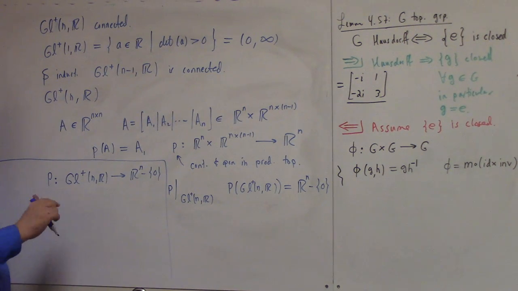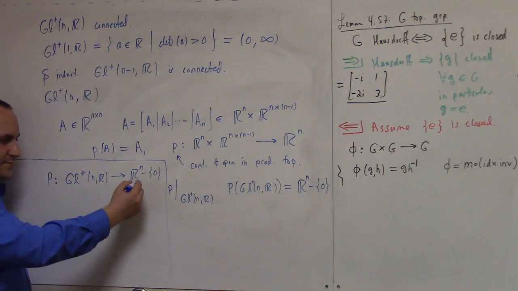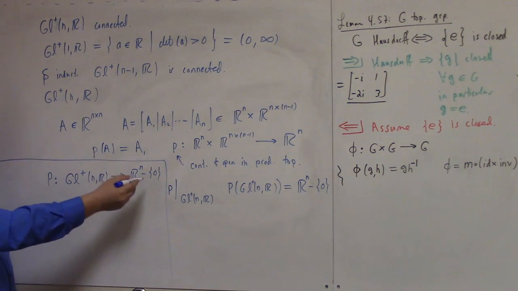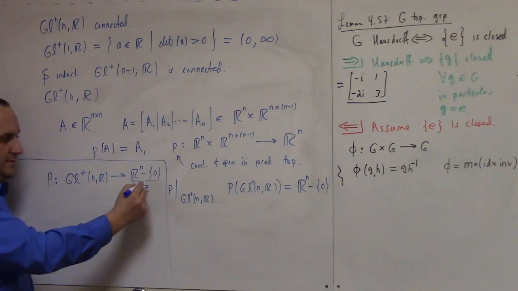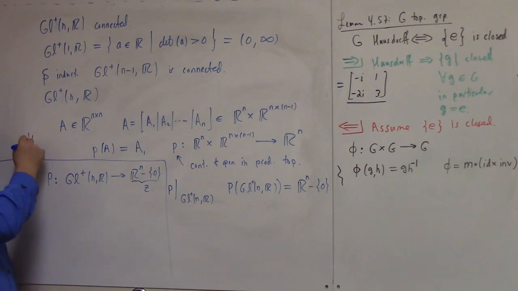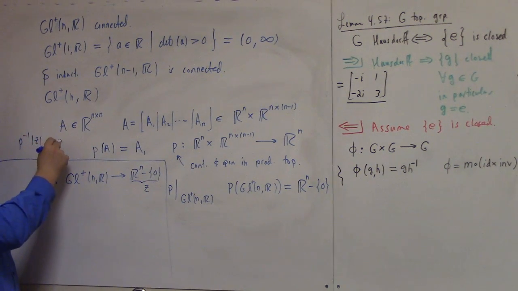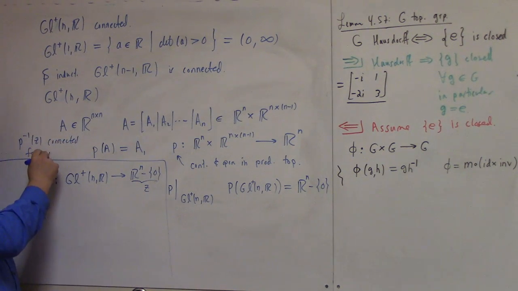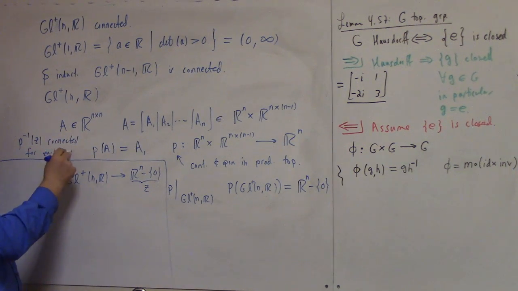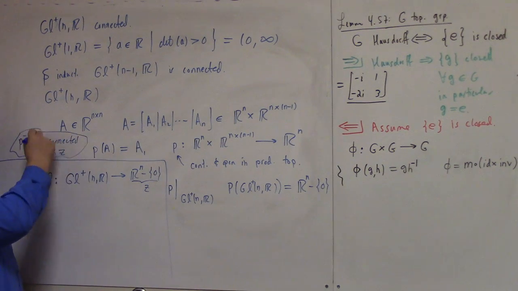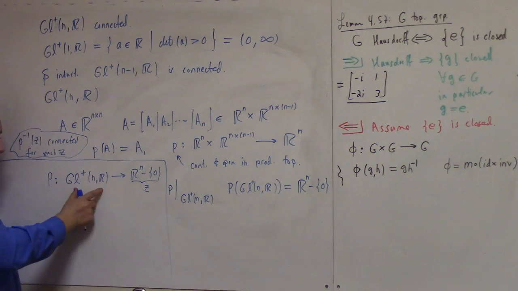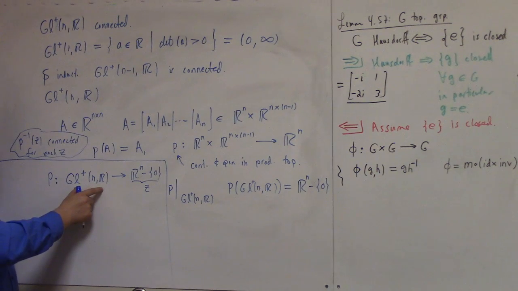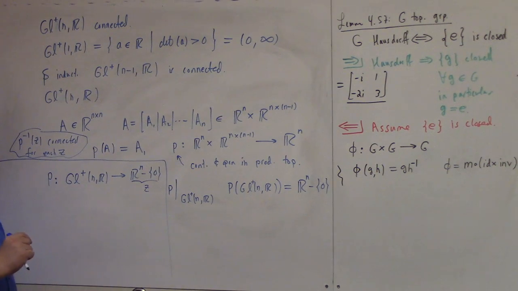I think so. Our goal is to show that, calling something in here Z, P inverse of Z is connected for each such Z. Then lemma 4.18 will imply that this is connected, because all the fibers of this open continuous map are connected.